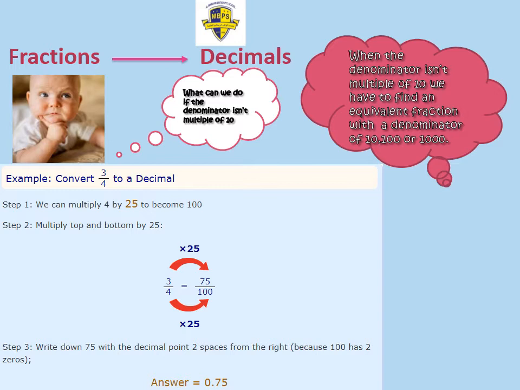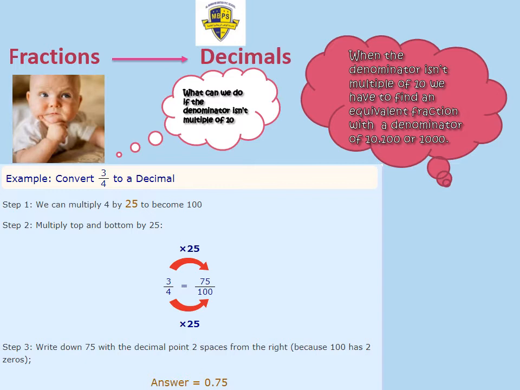Now, when you multiply 4 by 25, also you have to multiply the top number by 25. Same number. Who can tell me why we have to multiply both numerator and denominator by the same number? Excellent. To keep the value of this fraction the same. Good.